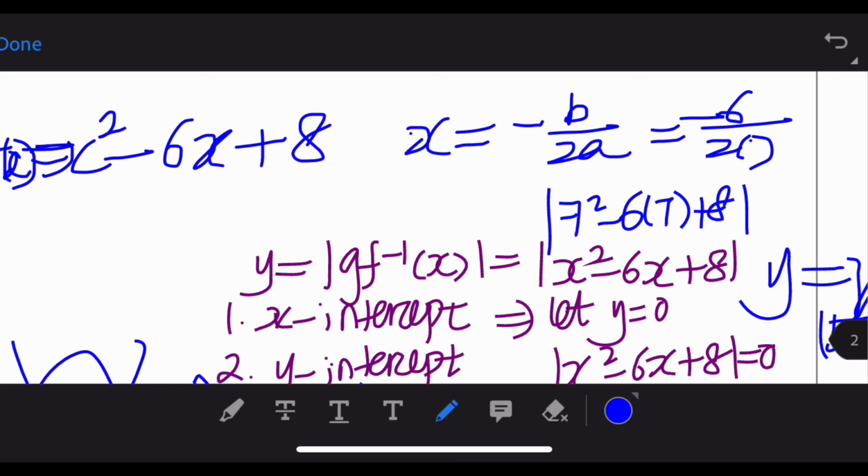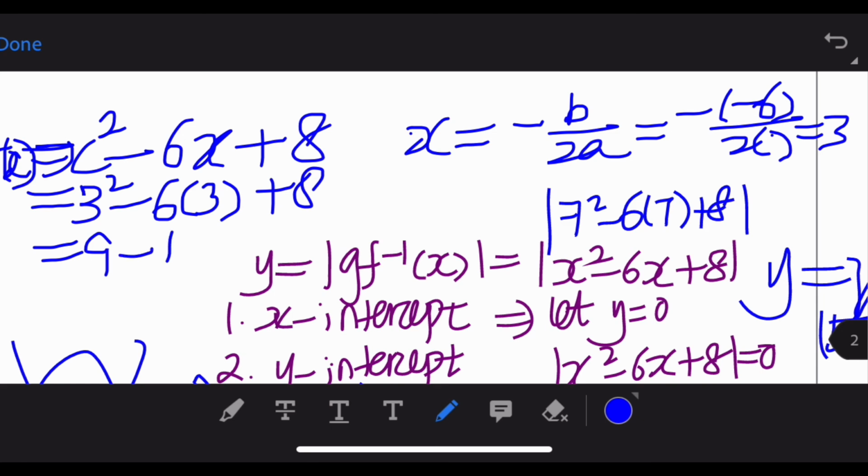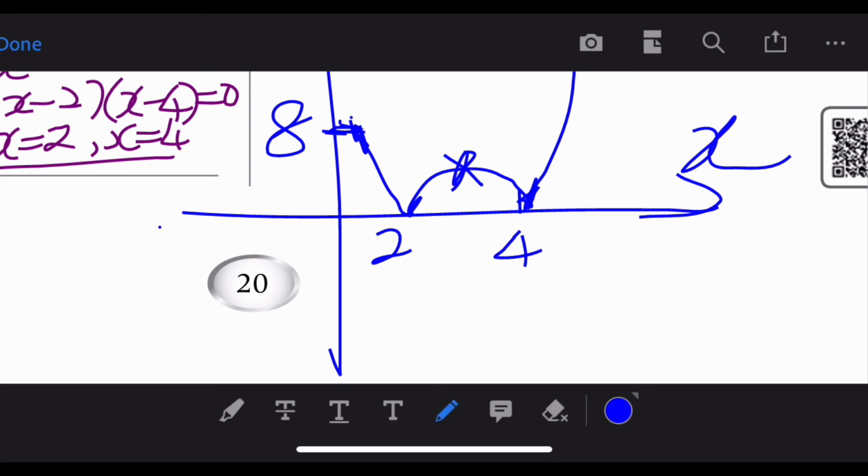Negative 6 will become positive, right? So be careful, the formula comes with a negative. So the answer is 3, right? When x is 3, you substitute 3 squared minus 6 times 3 plus 8. That's how you find the turning point, which is negative 1. When it inverts up it is actually 1. So this point is 3, 1.